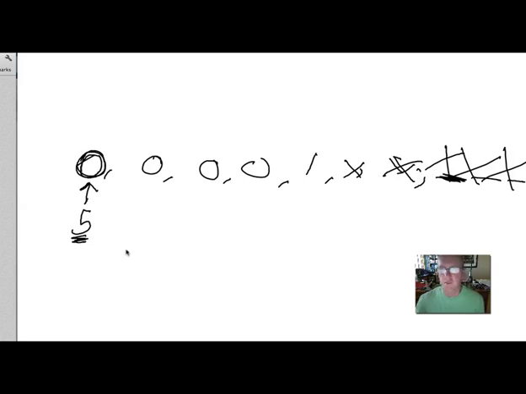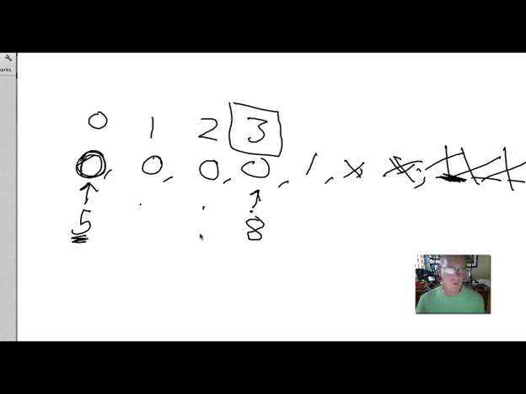So if we're indexing by 3, we take 5 plus 3, which gives us 8. So 5, 6, 7, 8. And so 8 puts us here, and that's index position 0, 1, 2, 3, which is the one that we wanted.